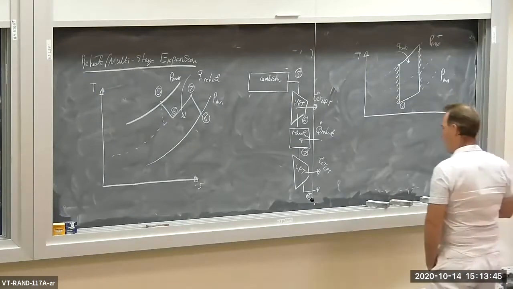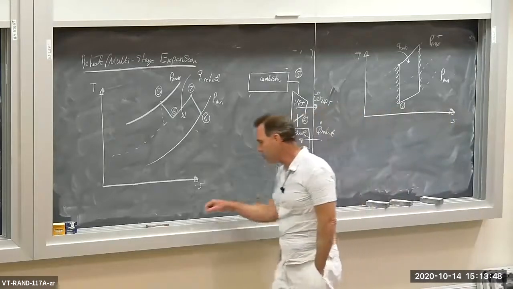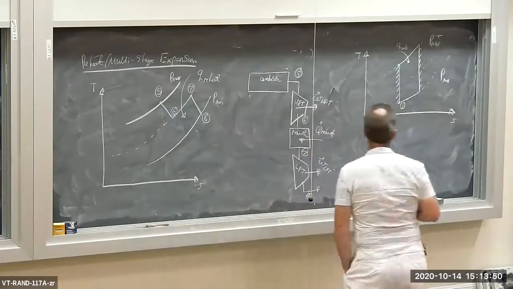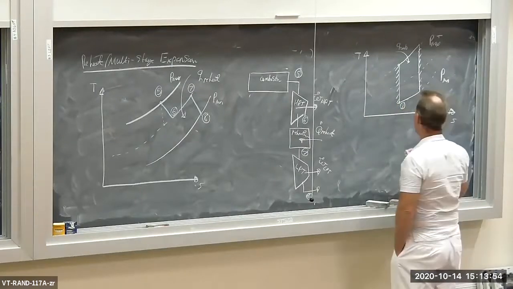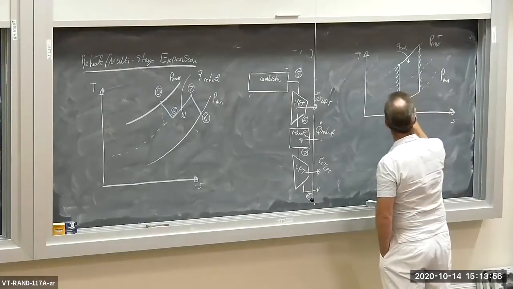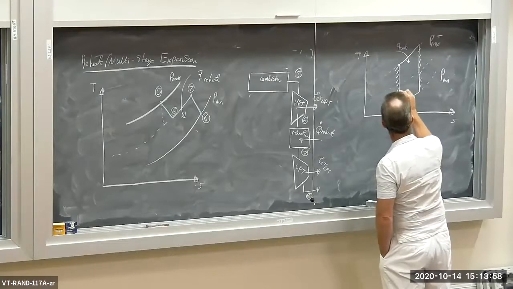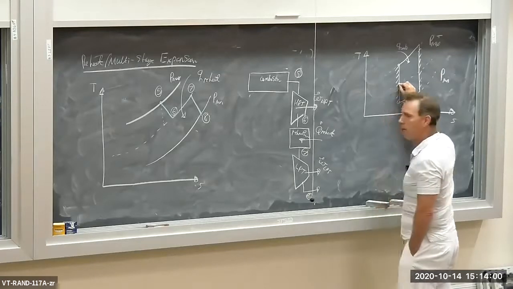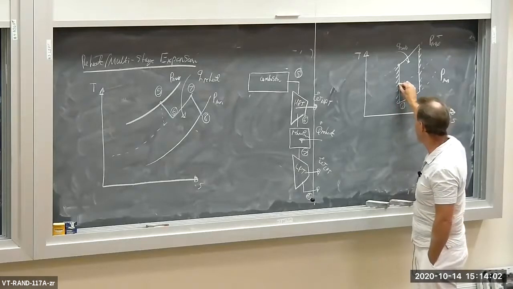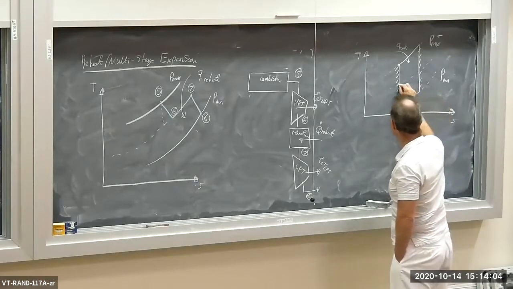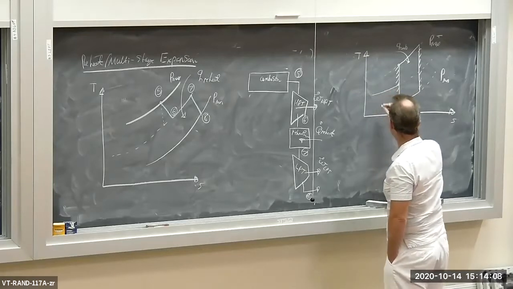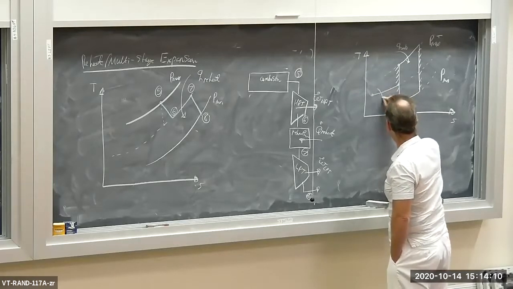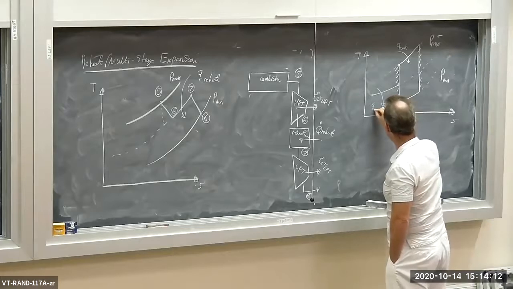And now I'm going to overlay here. I got some blue chalk. I'm going to implement intercooling and reheating, and we're going to see what the cycle looks like. So I'm going to compress it up to the intermediate pressure in the low pressure compressor. Then I'm going to reject heat. So this is Q intercooler.